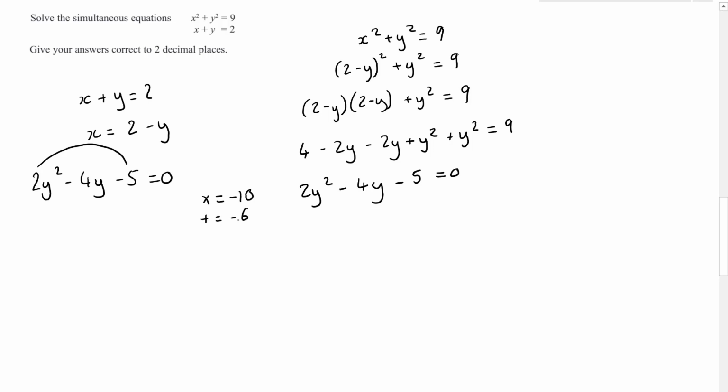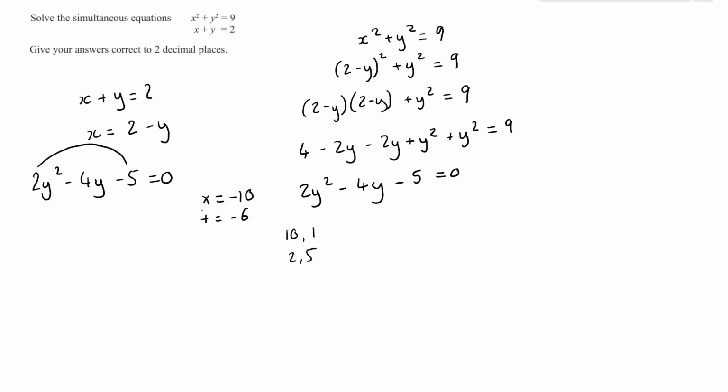If this is not immediately obvious, you can always make a list of things that multiply to give you 10, so maybe 10 times 1, maybe 2 times 5. You can already tell from this that we're not really going to get any nice values to solve this. So we're going to scrap this idea and just throw it into the quadratic formula.